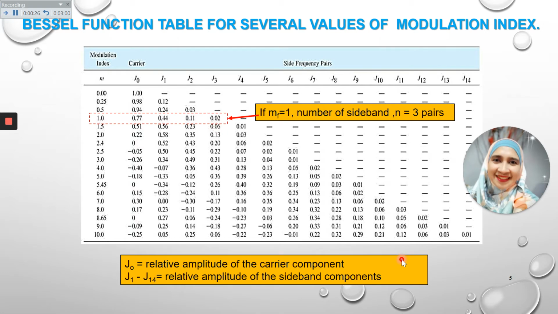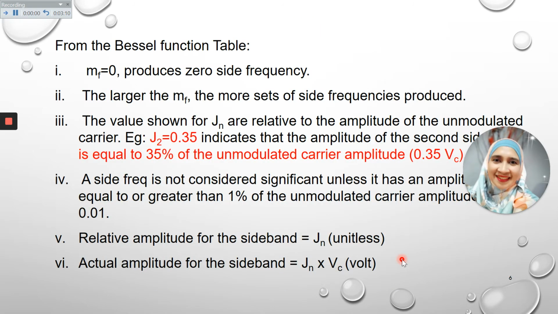J0 is the relative amplitude of the carrier component, whereas J1 up to J14 is the relative amplitude of the sideband components. Okay, from the Bessel function table, when mf is equal to 0, it produces 0 side frequency. The larger the value of mf, the more sets of side frequency produced.